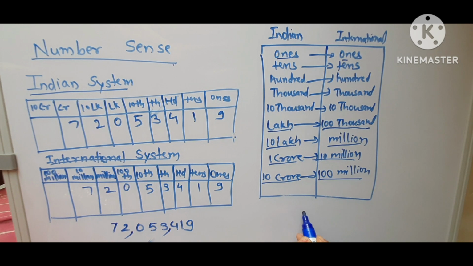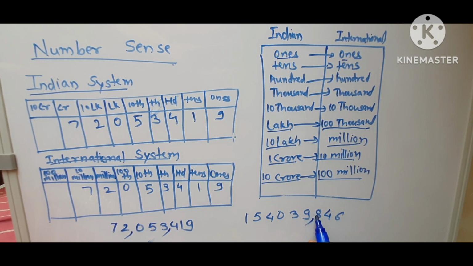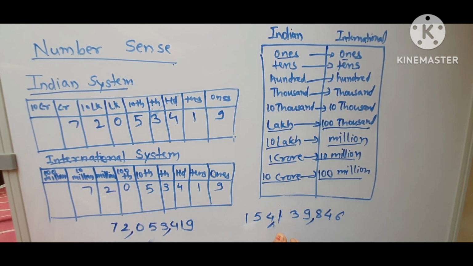Any number, if we take, like suppose if I take 154139846, how it goes is this 3 till 100, that is ones, tens, 100, then this 3 till 1000, that is 9,000, 39,000, and then 139,000.